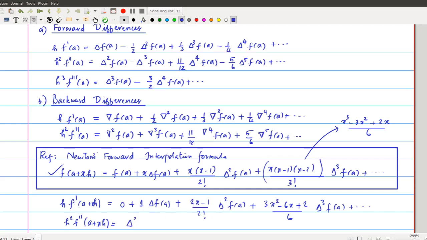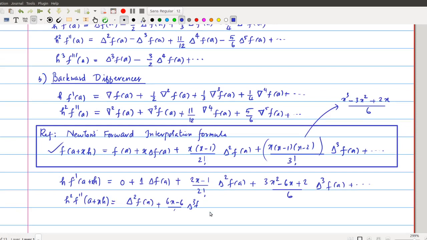You can differentiate this again, that will give 6x minus 6 divided by 6 del cube f of a plus etc. So similarly you can find the third derivative, fourth derivative, etc.